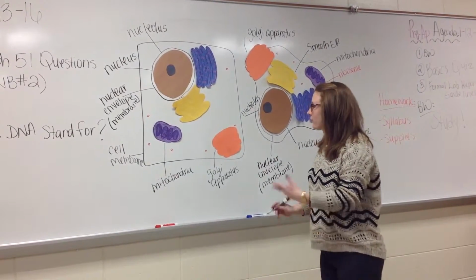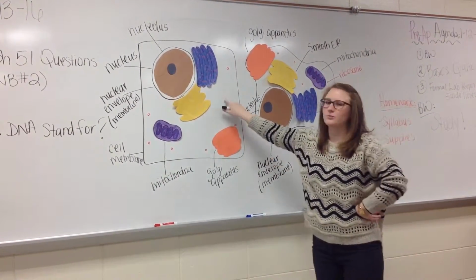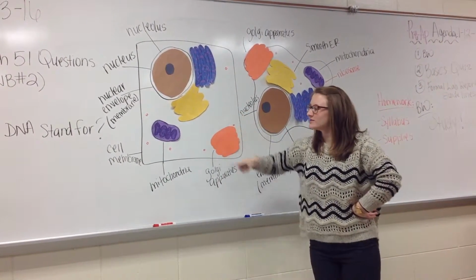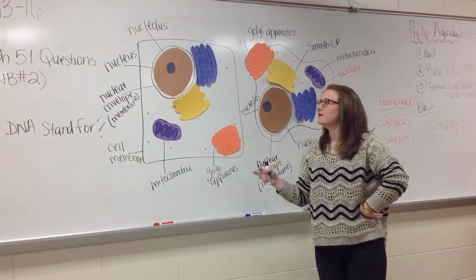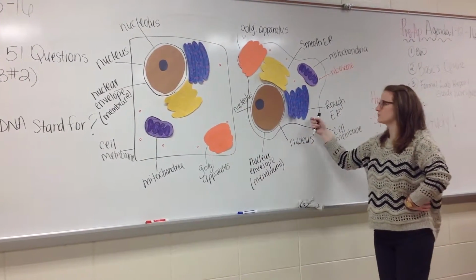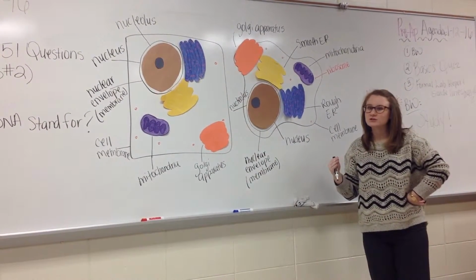Before we move on to drawing anything else for both of these, we're missing something on plant cell. And you've probably already thought about this. We have a cell membrane, but what's the other thing? What's that other protective layer that plant cells have that animal cells don't? Think about it. It's kind of rigid.